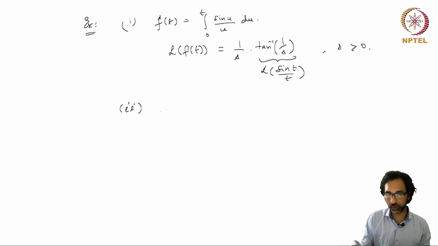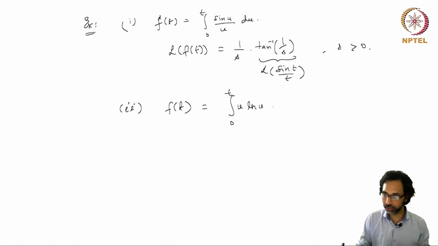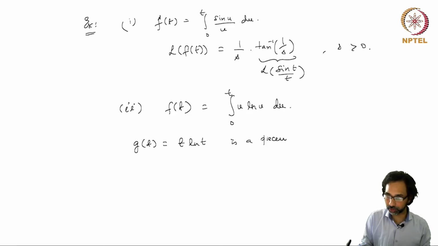Now let's look at a more complicated example. This is the integral from 0 to t of u log to the base e, ln u, du. Now this function, let me call it g(t), defined by t ln t, is a piecewise continuous function on 0 to infinity.